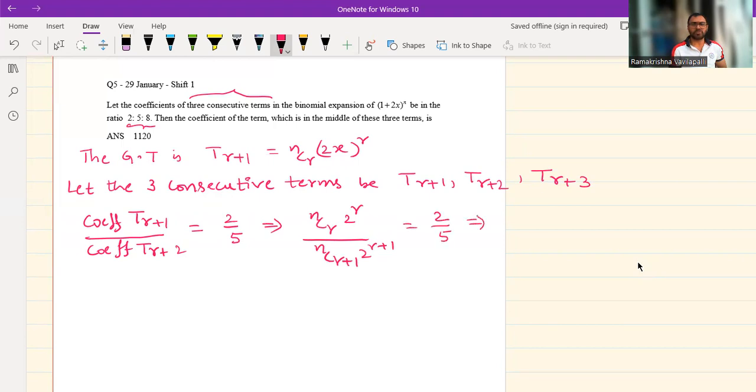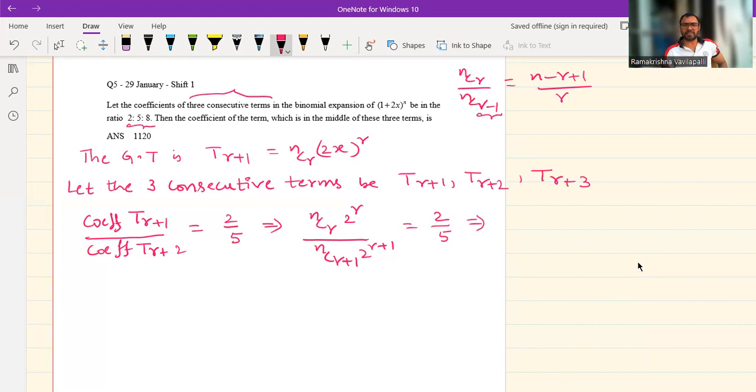Once again, we have to use the formula nCr by nC(r-1) equals (n-r+1)/r. This is very, very important. Using the same concept, here the lower index is smaller than the numerator one. So 2^r will be cancelled.